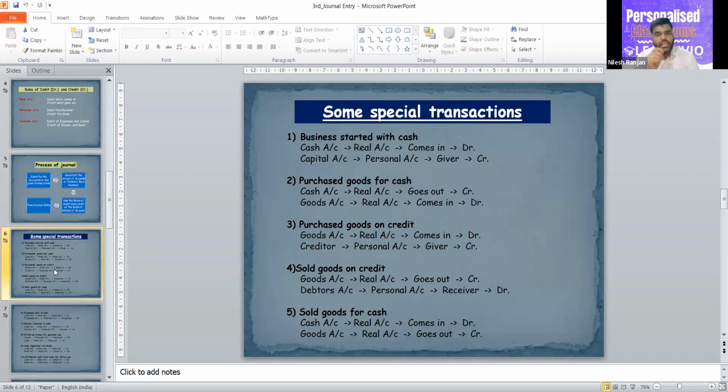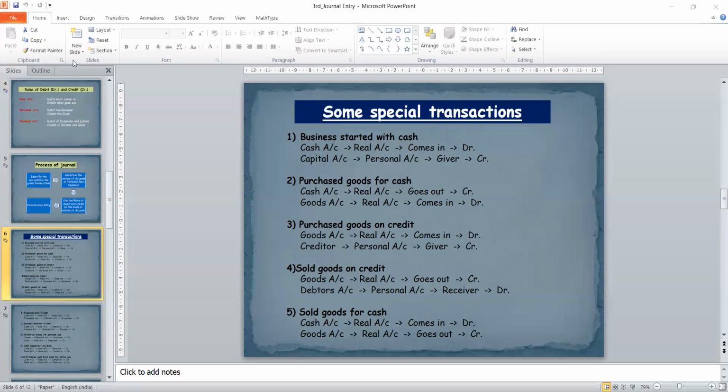Now, if you purchase goods for cash, which account should be debited and which account should be credited? Goods account debit to cash.